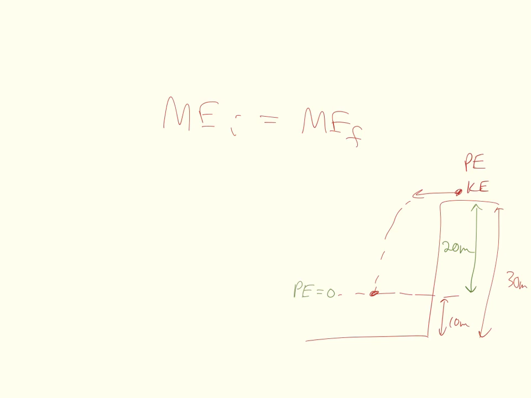Kinetic. At the end, when it gets to this location right here, which I've called ground level, how much potential energy is left? None, because I'm calling it ground level. So this is all kinetic at the end. So my equation up here becomes PEI plus KEI equals KEF.